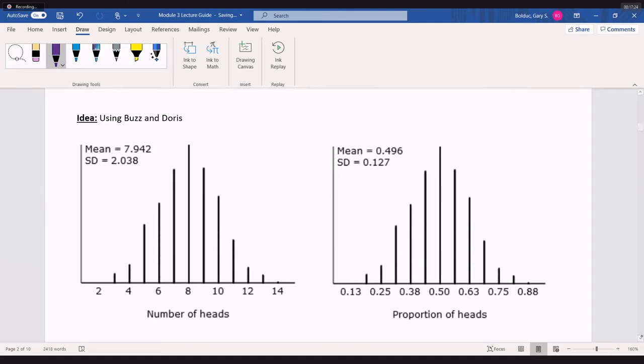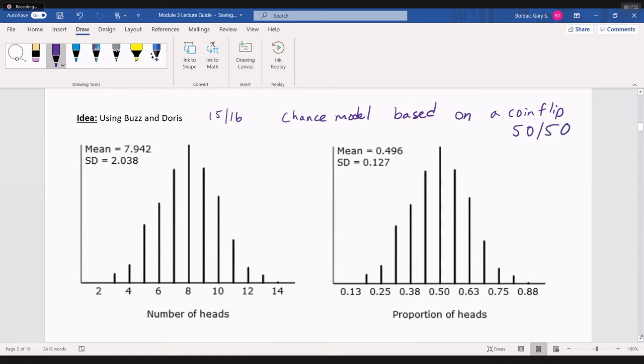So let's remind ourselves, Buzz and Doris, 15 out of 16. So 15 out of 16 was their statistic. What did we do? We said, okay, we're going to make a chance model based on a coin flip, or 50-50. So remember, what did we say?